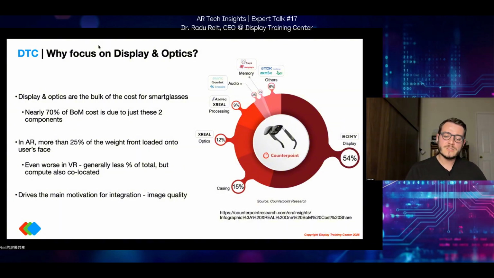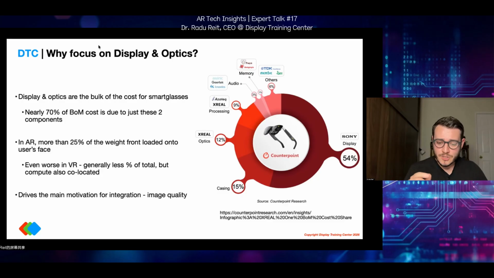Counterpoint put in an interesting article, an analysis of the Xreal 1 late last year, where they break down the entire bill of materials of the device. And if you take a look at what this actually means from a total cost of components, the display from Sony in this case, and the optics that Xreal designs and manufactures themselves, they make up nearly 70% of the bill of materials.